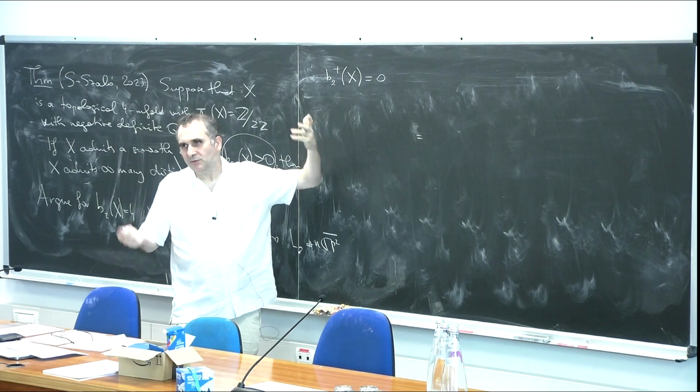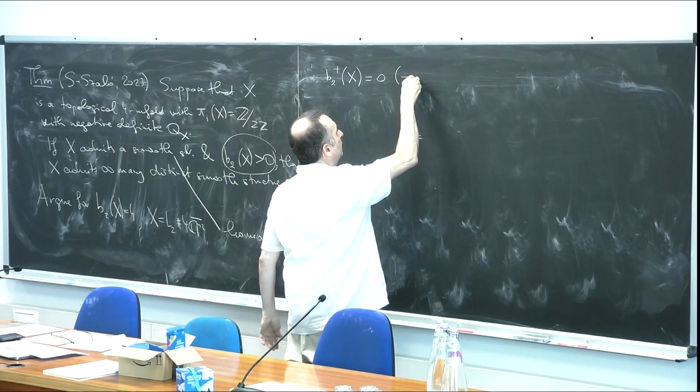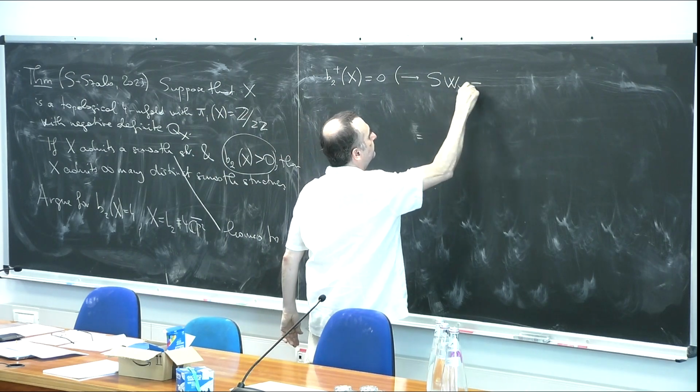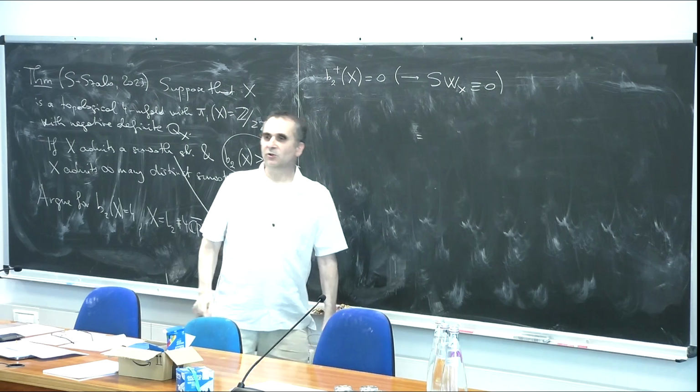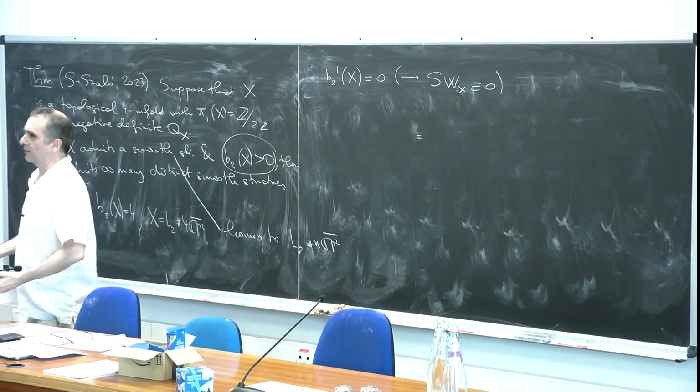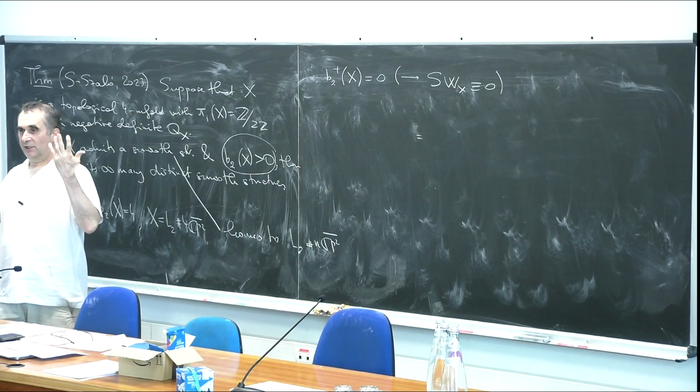And now it's 0. So Seiberg-Witten of X is constant 0. So there is no real hope on the nose to apply this theory and to distinguish the smooth structures.